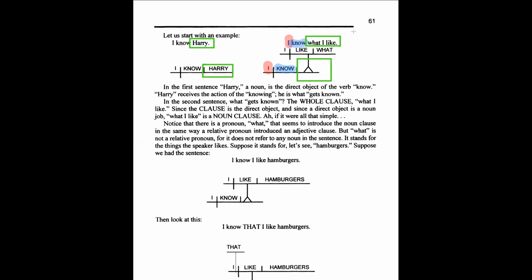But because it's a clause, we have to diagram it a little funky. We have to make this little hangman. Okay. And then you diagram the clause as if it were a normal sentence on the hangman. That's it.